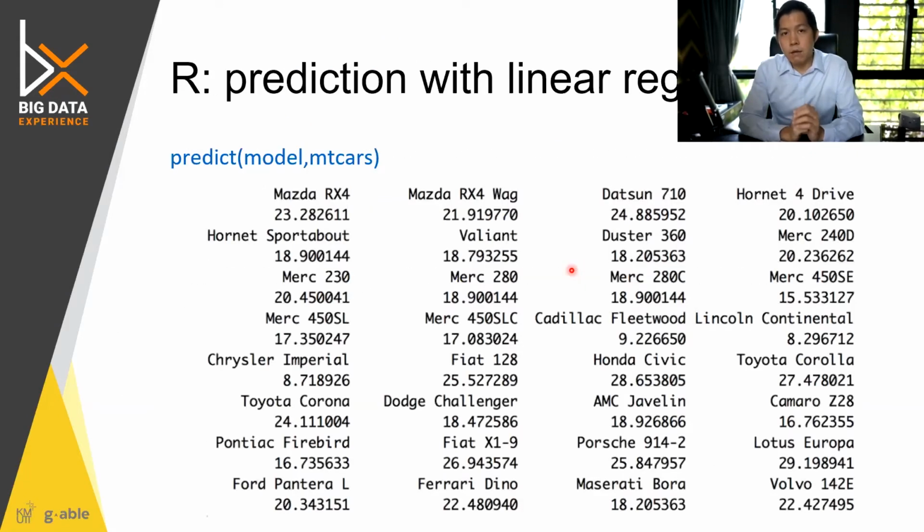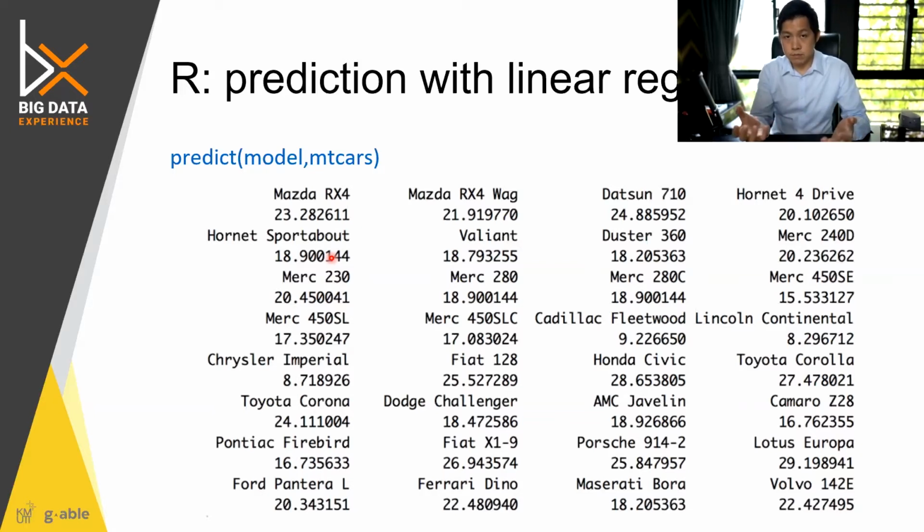Okay, then you can make predictions. In R, prediction is done by using the function predict, and then the model that we have and the data that you want to use in prediction. It will give you the predicted y. So these are the predicted values based on the simple linear regression that we created, right?